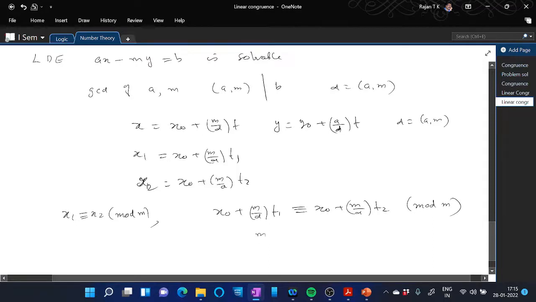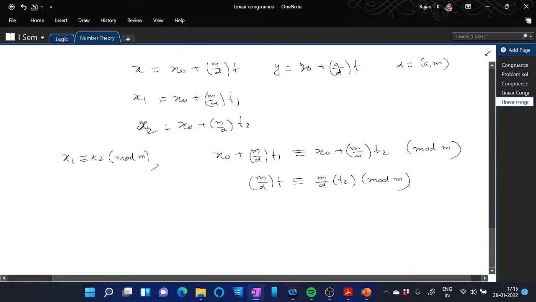That is, M by D t1 is congruent to M by D t2 modulo M, by subtracting x naught from both sides.